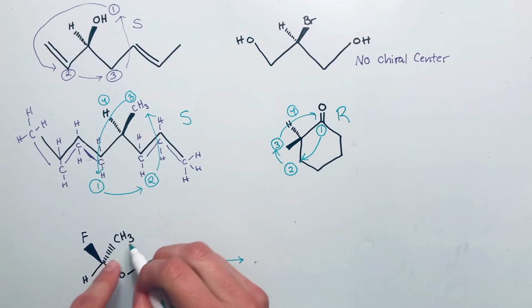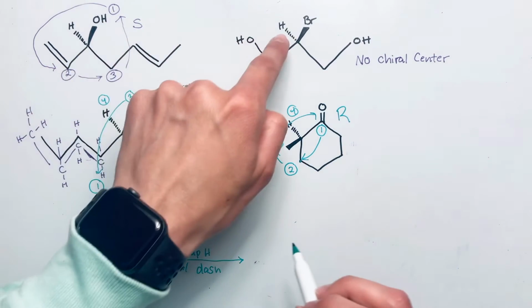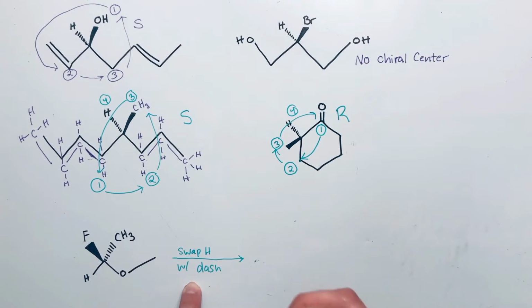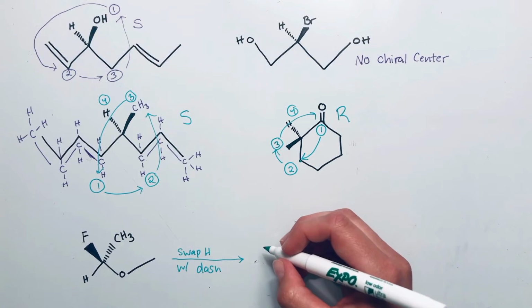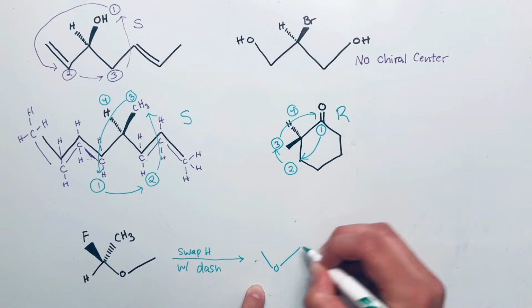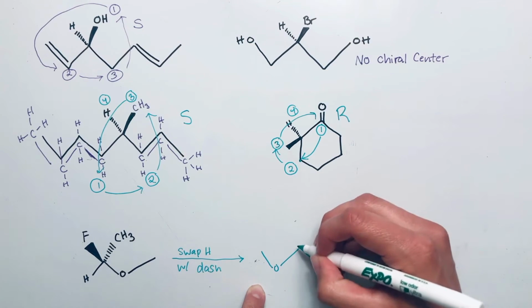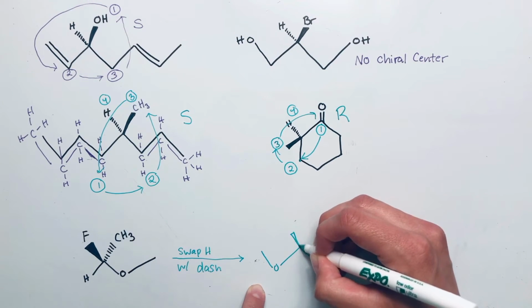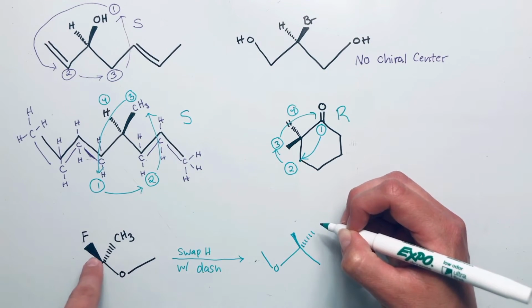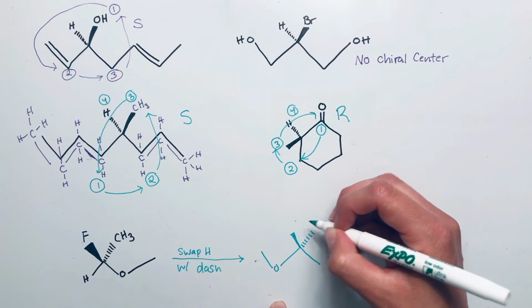You want the hydrogen to be in the very back. Notice how the hydrogen on all of these is in the very back. So swap the hydrogen with the dash. What does that mean? Maybe if I write it down, it'll make more sense. Mirror image. But the dash and wedge do not become mirror image. They are still drawn as they are shown right here.